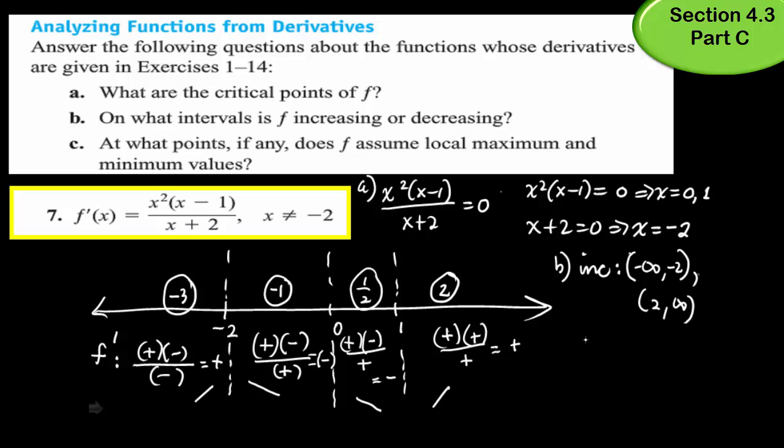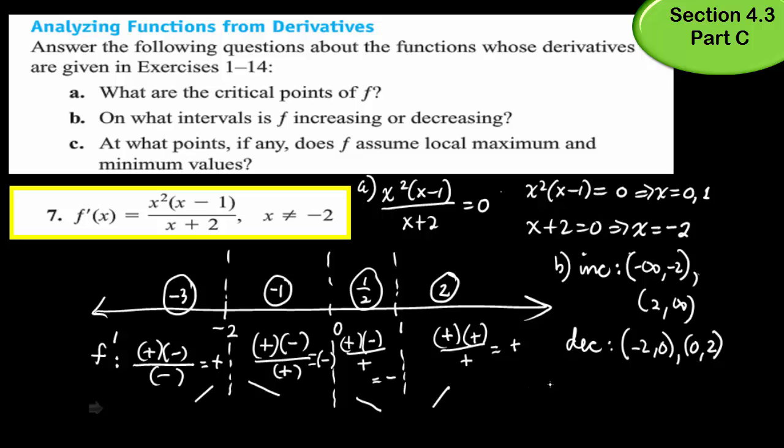And then where is it decreasing? It's decreasing on the interval from -2 to 0, and at the same time from 0 to 2, because it kept on decreasing, and you have a 0 slope and then it's decreasing again. These are all the intervals for which the function is increasing and decreasing.